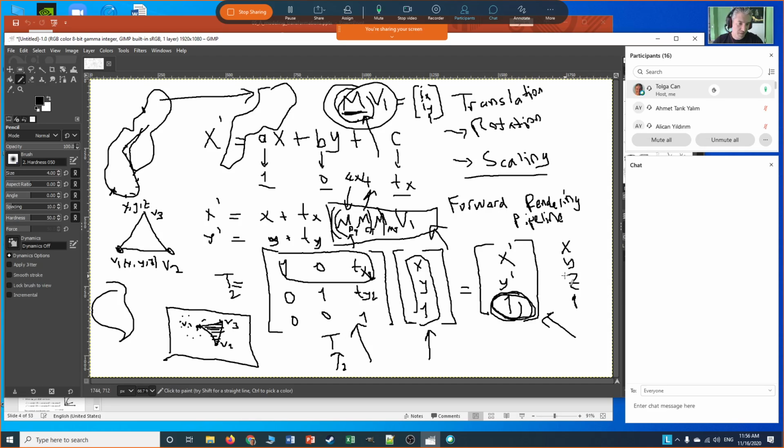In 3 dimensions, we will have these 4-dimensional column vectors. Instead of having 1 in the 4th dimension, we are going to have a W. And this will be used to model that non-linearity in the perspective projection transformation. We are going to come to that later. So I'm summarizing what we will be seeing in the next 2-3 weeks.